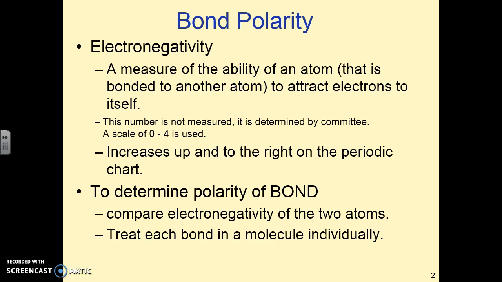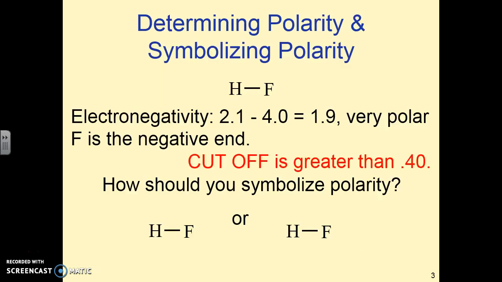To determine the polarity of a bond between two atoms, you compare the electronegativity of the two atoms. The cutoff is greater than 0.4. So if you subtract the electronegativities of the two atoms and the difference is greater than 0.4, then the bond is said to be polar.